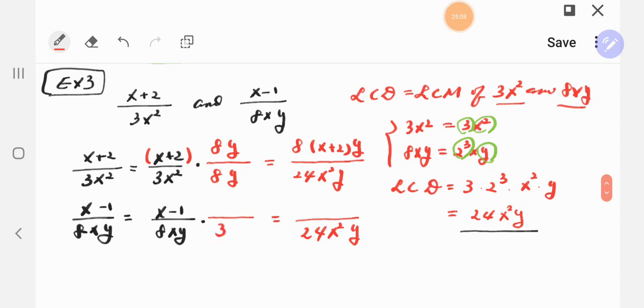So that will be 24. And then also multiply by x. So x will be x squared and y. So we made the denominator the LCD. So what we do is multiply the numerator by the same factor, 3x. So multiply x minus 1 by 3x, then that will be 3 times 3x times x minus 1. Okay, done.